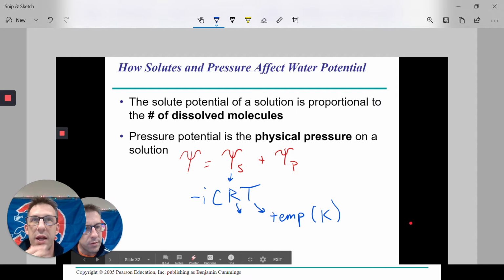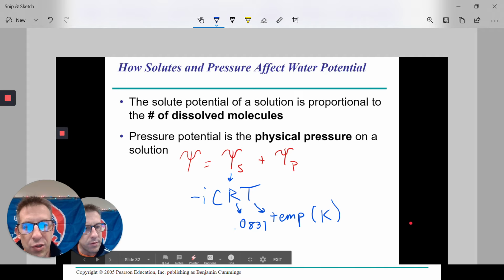R is something you might have heard before in chemistry. R is a gas constant, and it has a value of 0.0831. So we can just plug that number in, and we can figure out the temperature in Kelvin of a system just by using a thermometer. We know R. Okay, easy stuff, right?